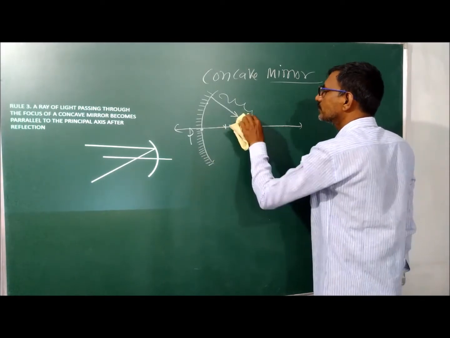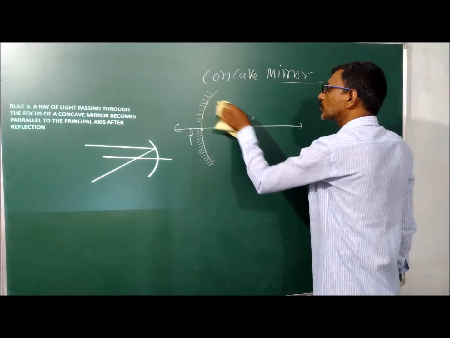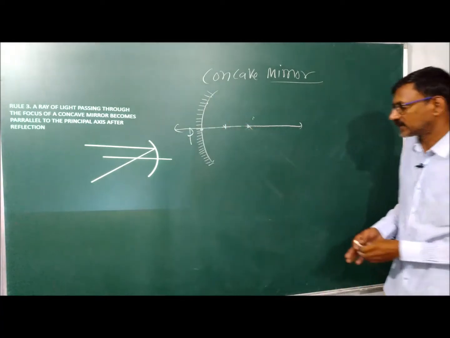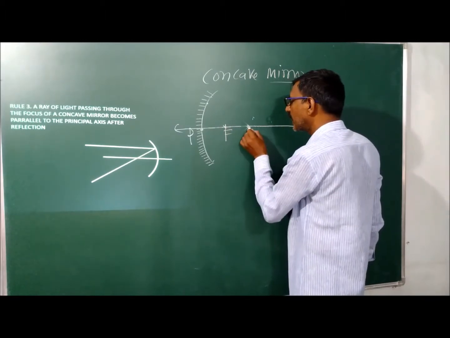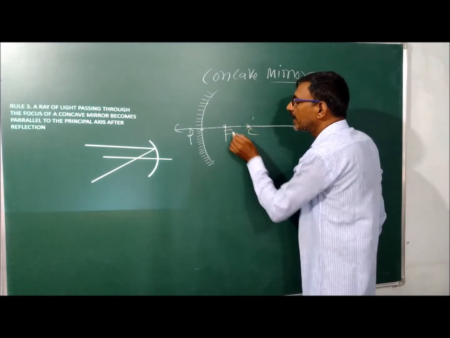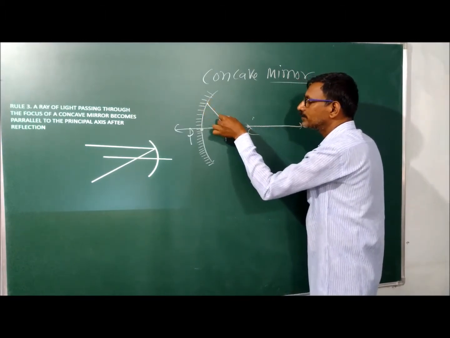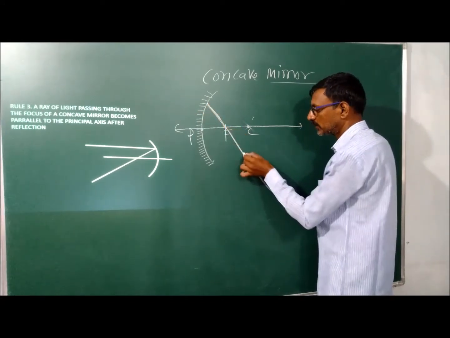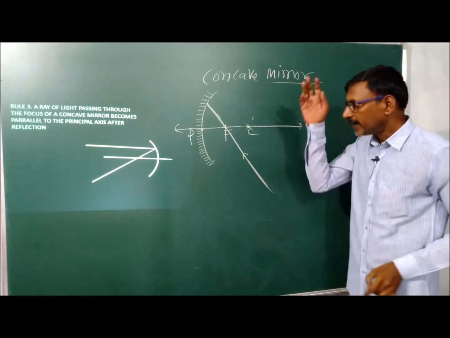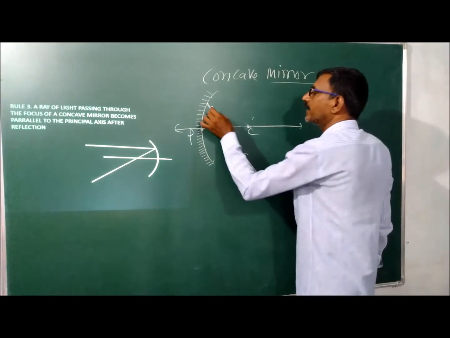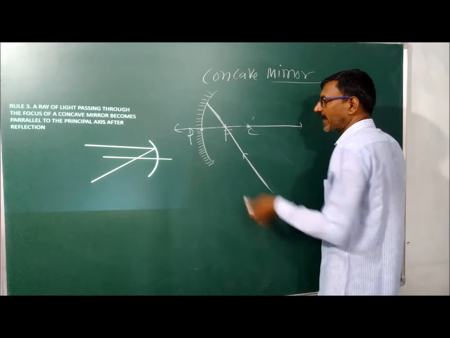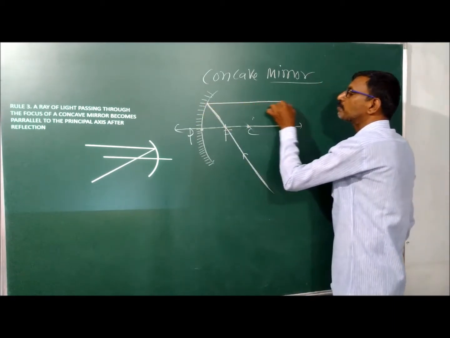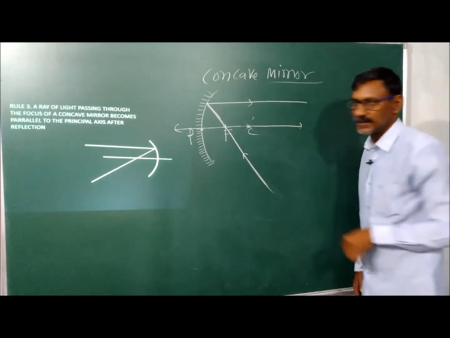Third rule. Suppose my light ray is traveling through the focus. This is my focus and this is my center of curvature. If a light ray travels through the focus in this direction, it is reflected and bounces back, traveling parallel to the principal axis.